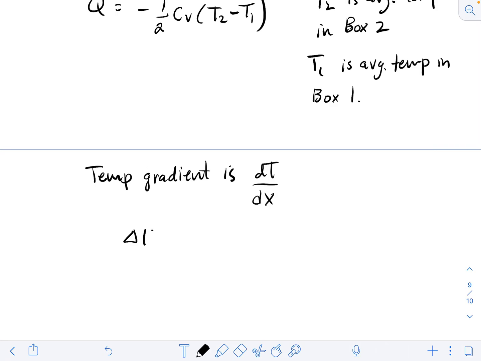And so delta T is the temperature gradient times the change in position, which was our mean free path.